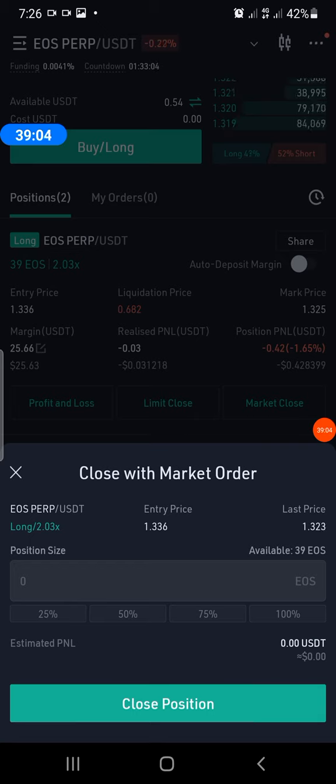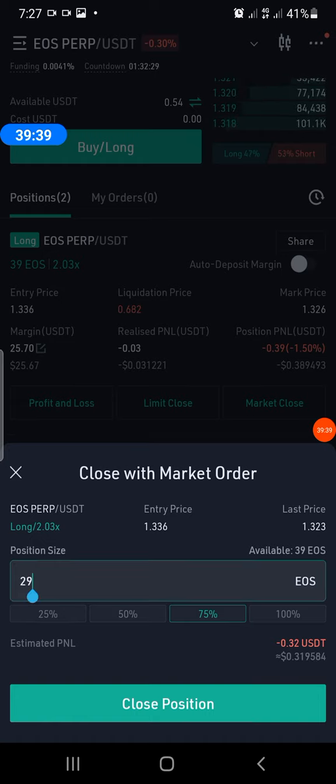I can simply go here, put in 25%, and it will return the 25% of your capital alongside 25% of your current profit to you. You understand? So you can as well select 50%. It will return 50% of my capital, which is $19, back to me. You can as well input 75% or close it.